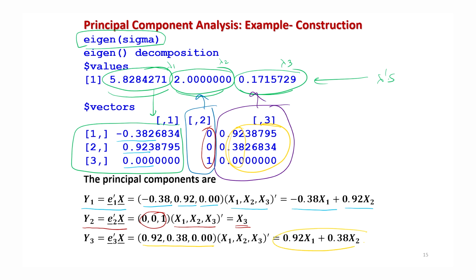So it comes out to be 0.92 x1 plus 0.38 x2. You can see the first principal component has variance of y1 equal to 5.82, and similarly for the second and third principal components.